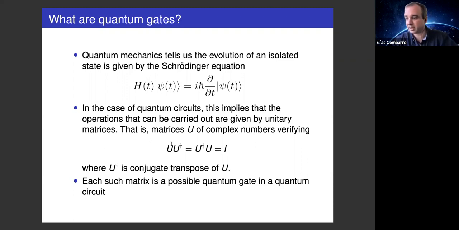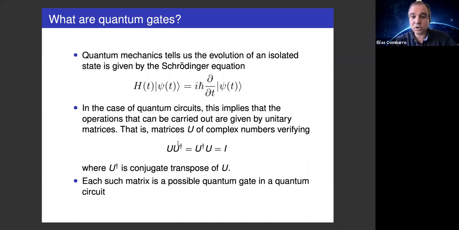So this is again different from what we have in classical computing. Any of these possible solutions to Schrödinger's equation is what we call a quantum gate, a quantum transformation of the state of these qubits.